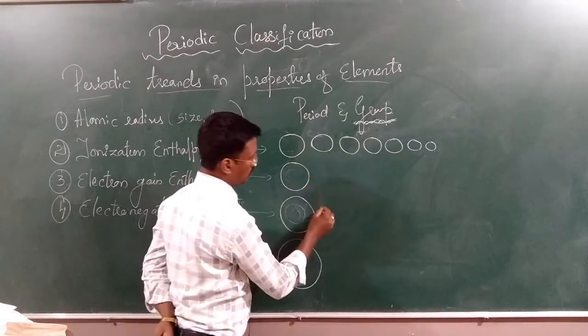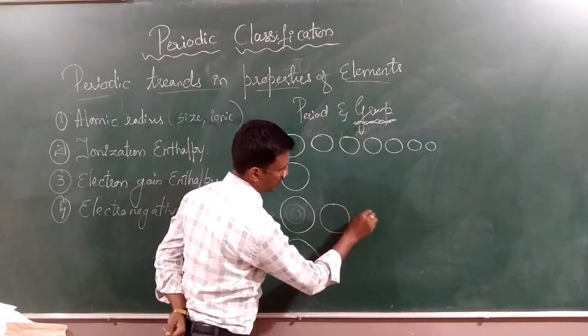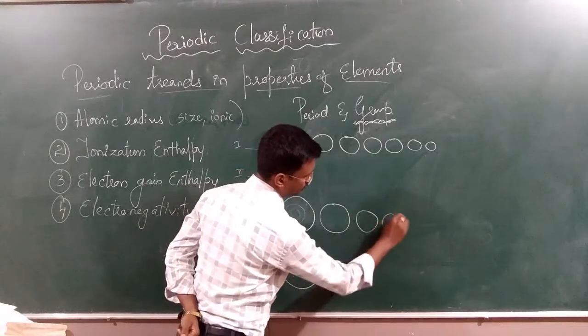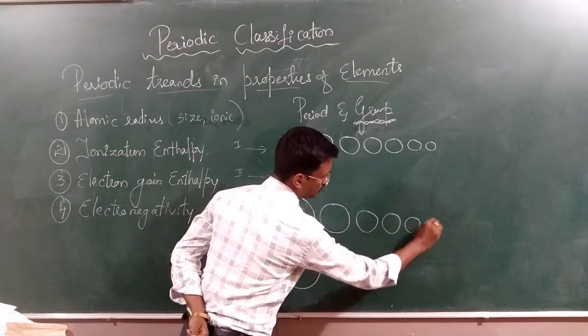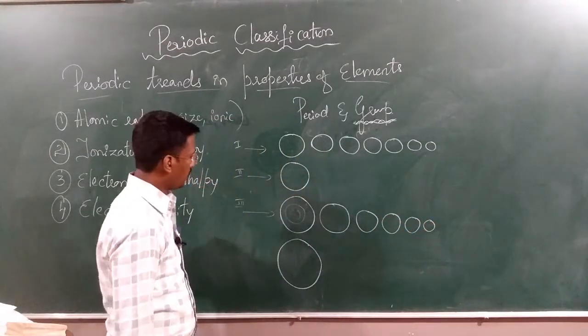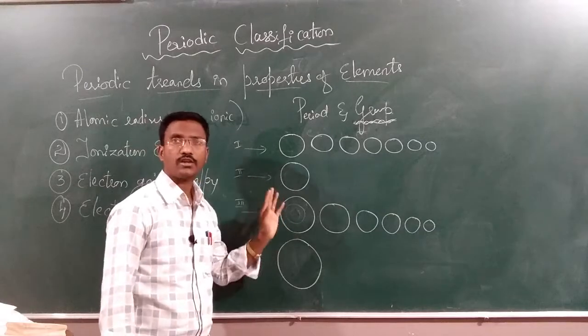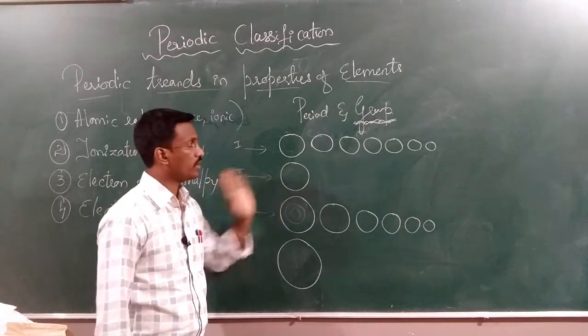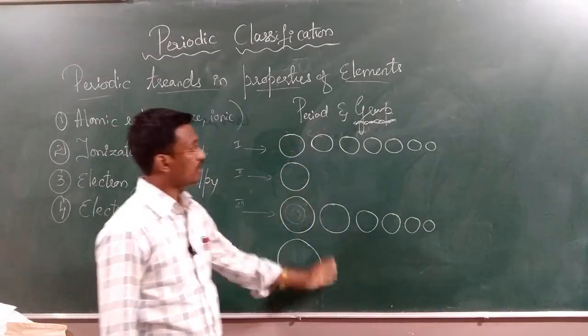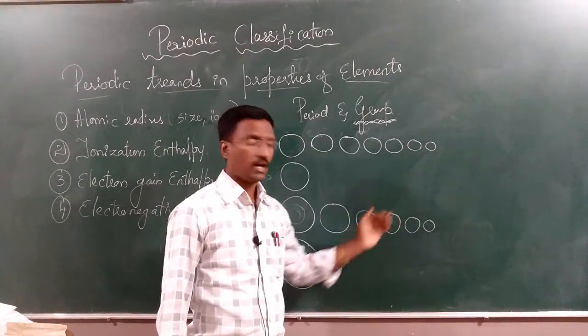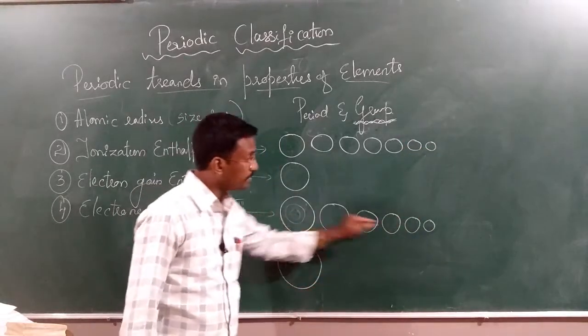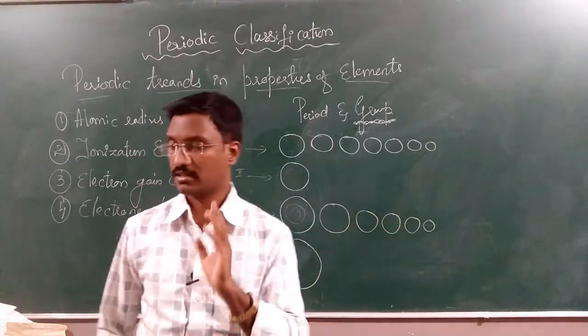I would like to draw one more period here. Just take this example. I am talking about all the periods, not only one period. If I say that down the group, every group's atomic size increases, then every period's atomic size decreases. Why?